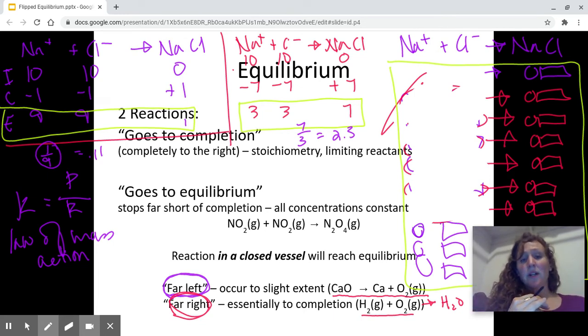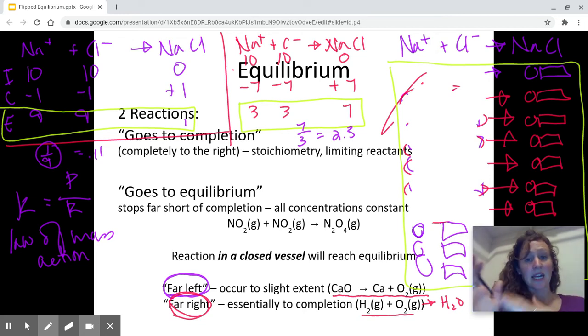And this is what we're going to see. We're going to use this K to communicate where our equilibrium lies. The smaller K is, the less the reaction happens. The bigger K is, the more reaction happens. The smaller K is, the less products are formed.